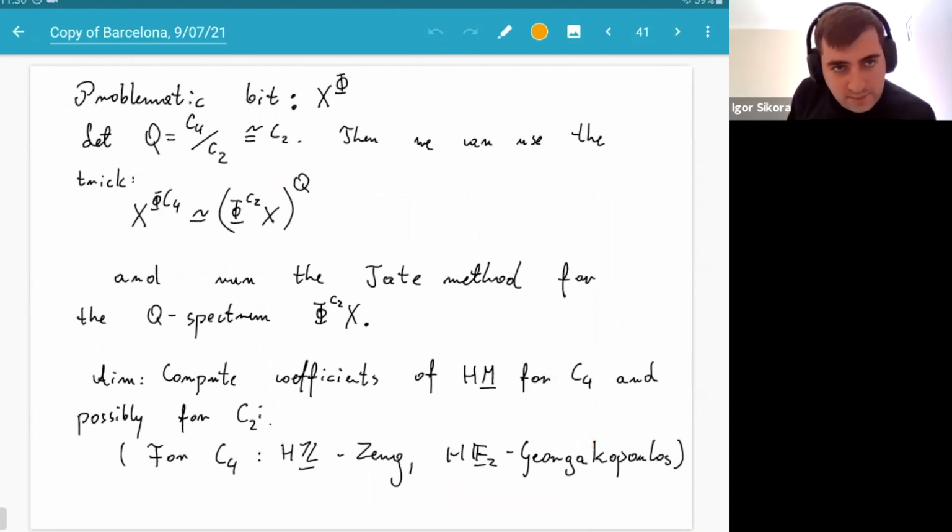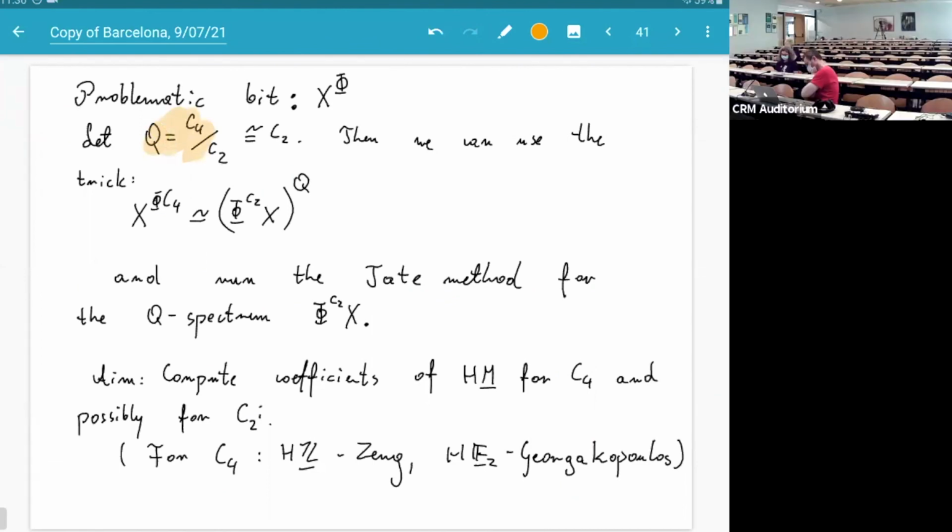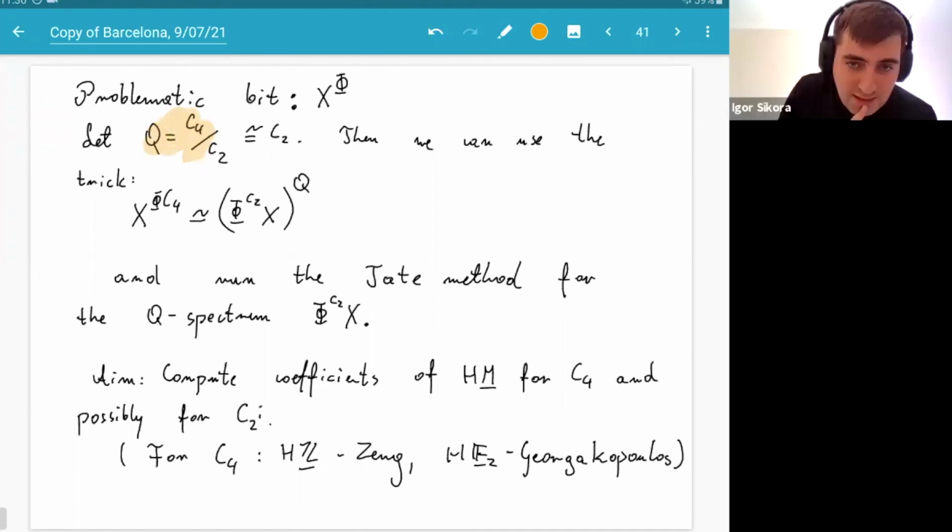But here, over C4, we can use the following trick. Let Q be equal to the quotient of C4 by C2, which happens to be isomorphic to C2.